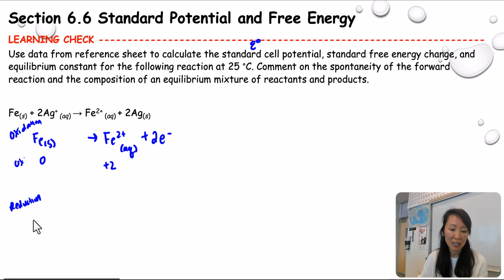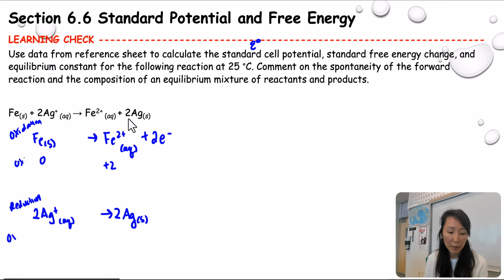In the reduction side, we're dealing with silver. So Ag plus aqueous forming into Ag solid. Notice that it is 2. You will see the coefficient 2, so I'm going to add that 2 right here.